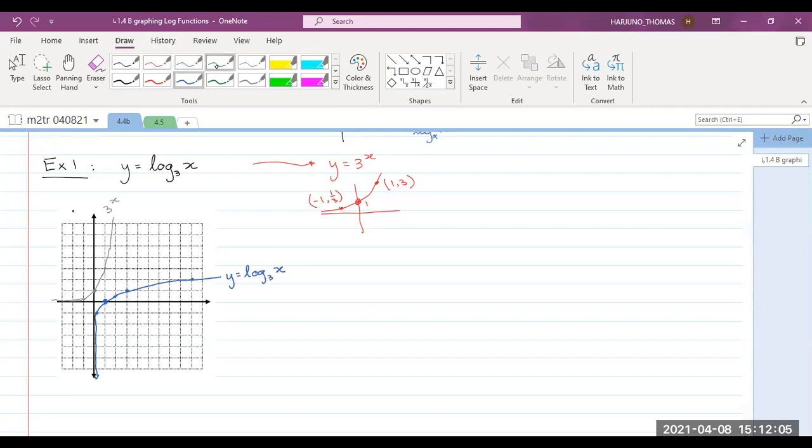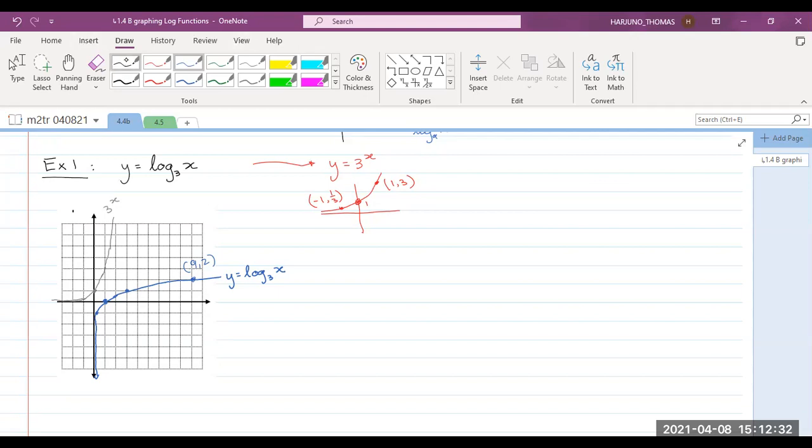One of the coordinates here is (9, 2), which came from up there, (2, 9). Is it okay? Now that's log base 3 of x.